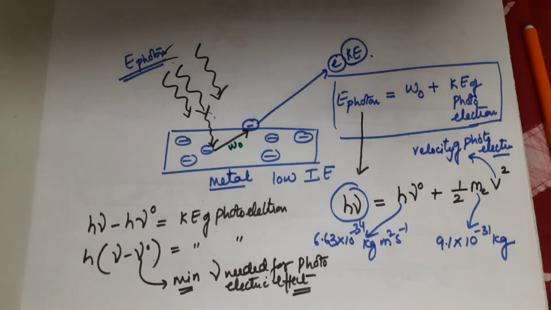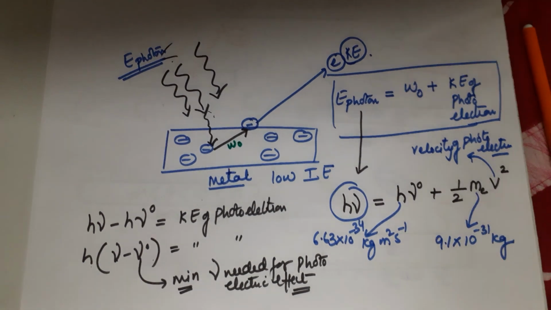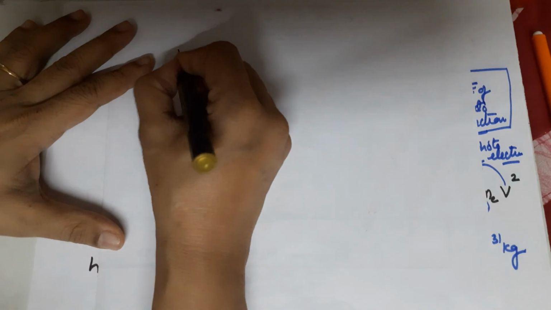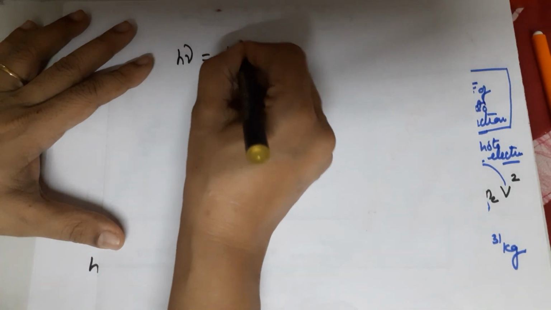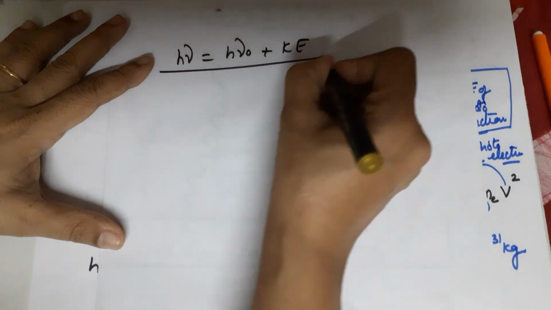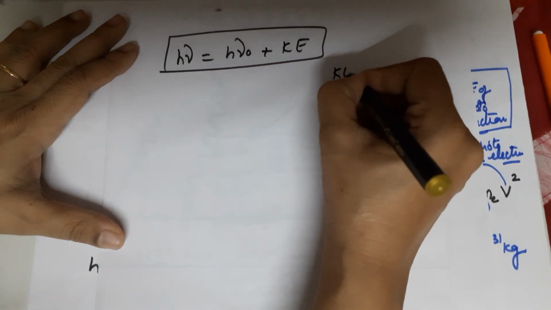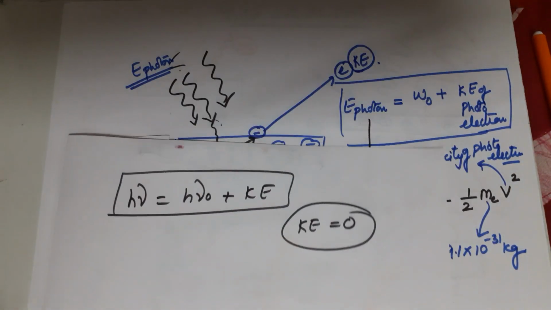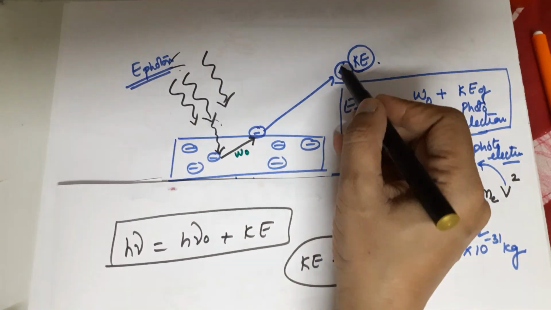Now, supposing there is a question where it says that the kinetic energy is 0. Suppose there is a question, we know h mu is equal to h mu naught plus kinetic energy. Suppose it is given that the kinetic energy of the photoelectron is 0. What does this mean? It means the electron is just here, there is no energy beyond that.